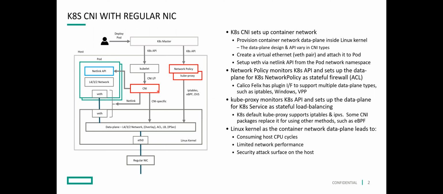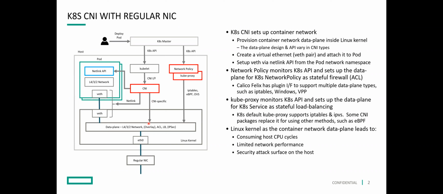The CNI first provisions and sets up the container network data plane inside the Linux kernel. This data plane may be an OVS data plane, or Linux bridge and iptables, or using VXLAN. There are multiple ways, but at a high level, we can abstract it as the data plane inside the kernel. And since there are multiple ways to do it, the CNI interface to set up the data plane is CNI specific.